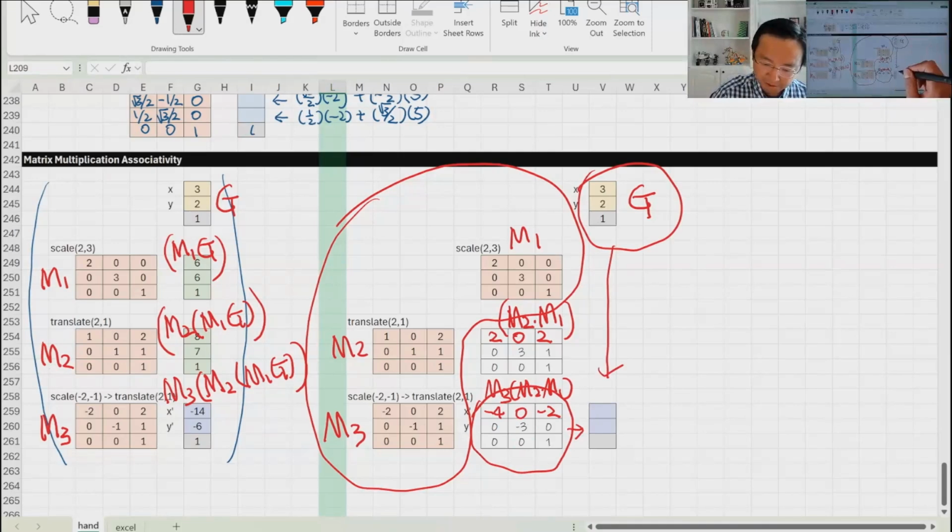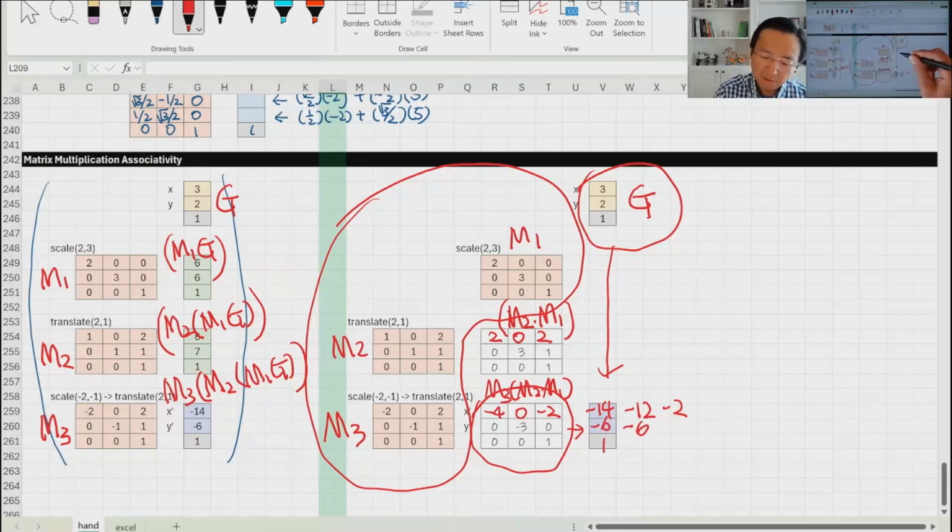It's going to be, say, 3 times 4 is minus 12, and 0 and 1 and minus 2 is minus 14. Just proof that they're the same: 2 and minus 2, 3, 0, nothing, 2 minus 3 is minus 6, and 1, 0, nothing, so minus 6, 1. You can see they are exactly the same.